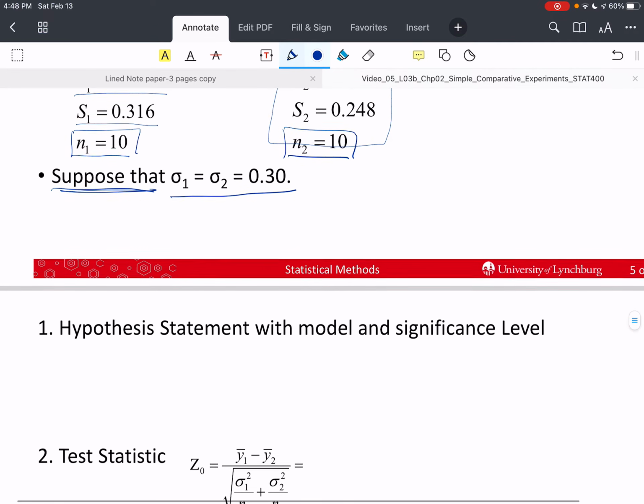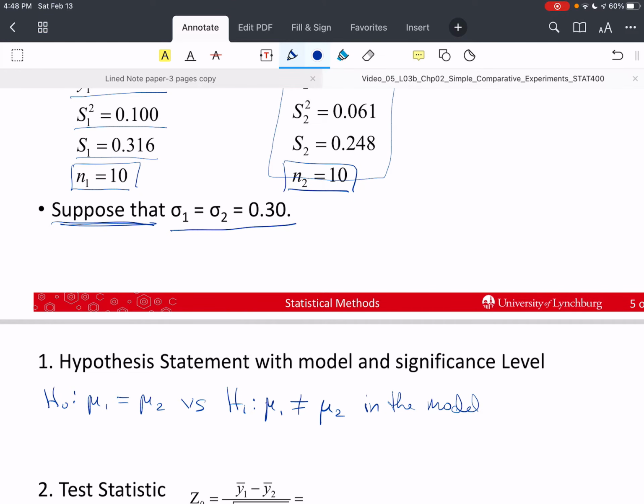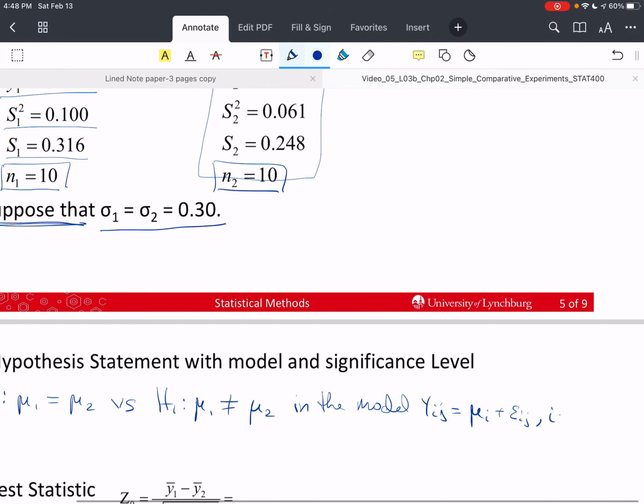So we need to write the hypothesis statement here. And so we're going to say H naught: mu1 equals mu2 versus H1: mu1 is not equal to mu2, using the model, or under the model, however you want to say that, Yij equals mu i plus epsilon ij, i equals 1 to 2, j equals 1 to 10.